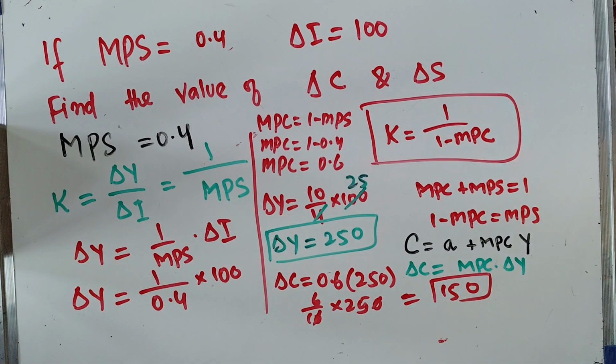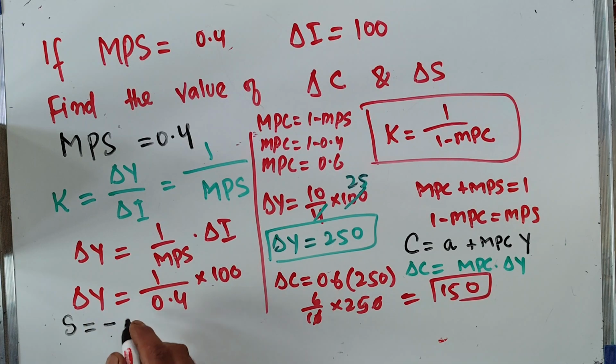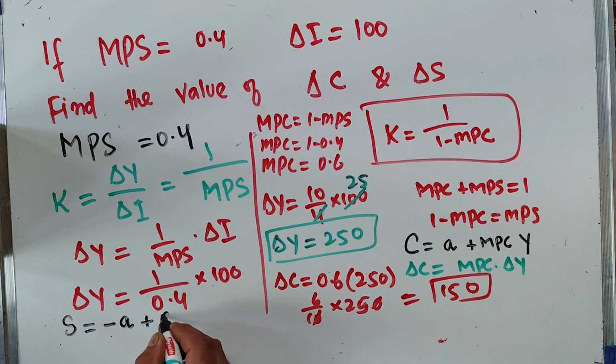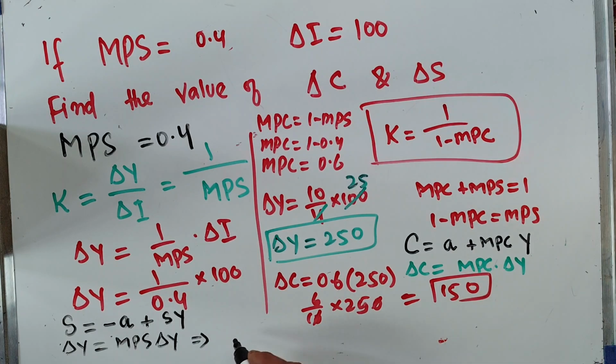Similarly, we need to find out the savings. The savings function is S is equal to, let us say, minus A plus small s times Y. Okay, this is the savings function. Taking the differential, the change in the savings will be equal to the marginal propensity to save times the change in the income, because s denotes the marginal propensity to save.